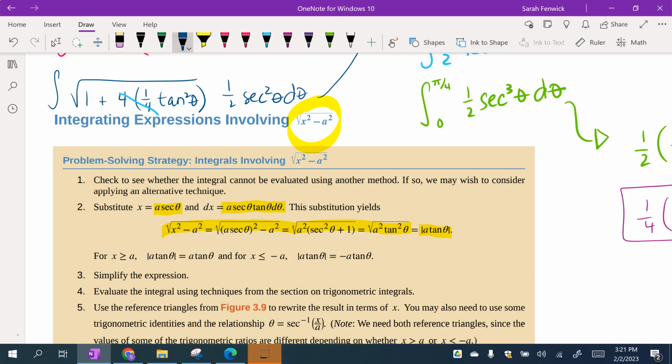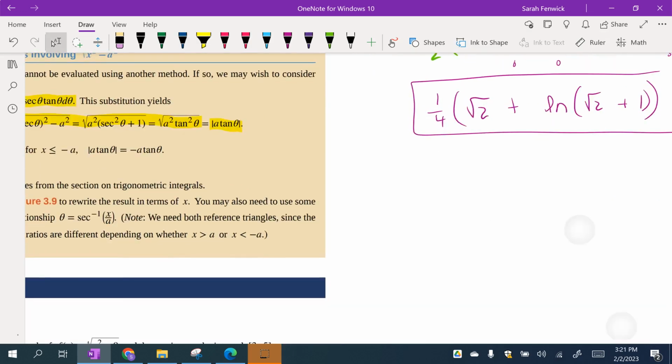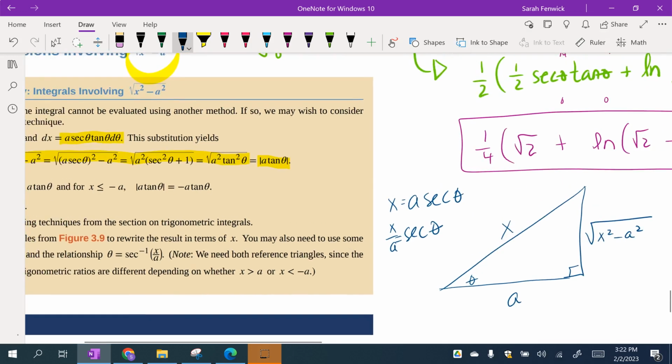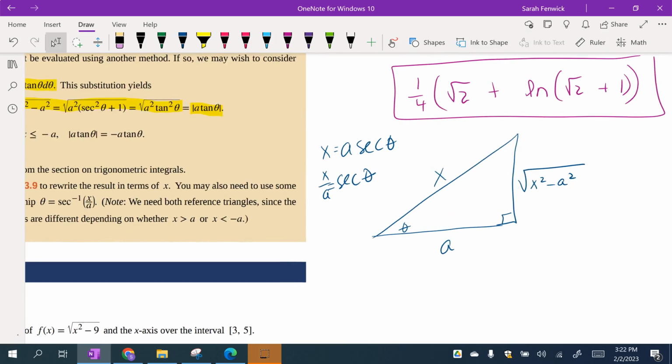I will also come over here and remind you that if we have x equals a secant theta, then x over a is my secant. And that means that it is hypotenuse over adjacent. And that means square root of x squared minus a squared is my opposite side.